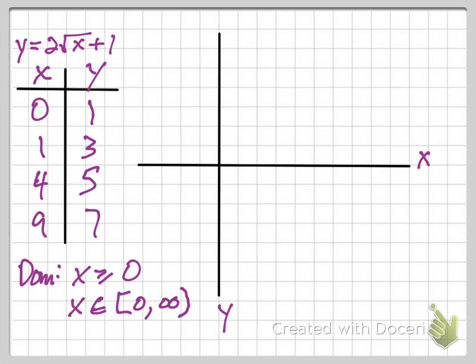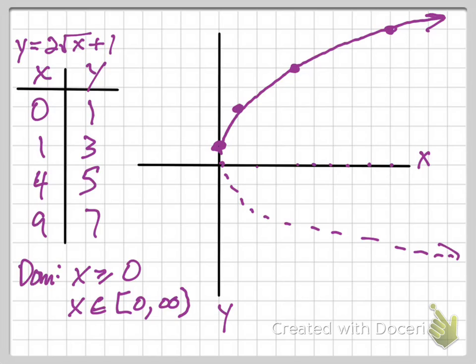Totally messed up right out of the blocks. 0, 1 is there. 1, 3 is here. 4, 5 is here. 9, 1, 2, 3, 4, 5, 6, 7, 8, 9, and 7 is there. So we've got this nice little arch shape. Actually it kind of looks like half of a parabola, right?